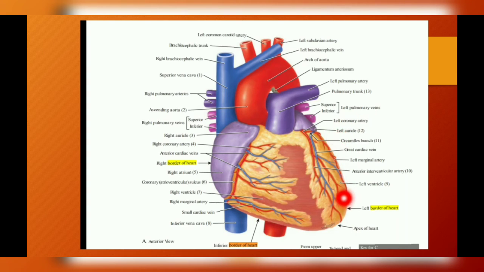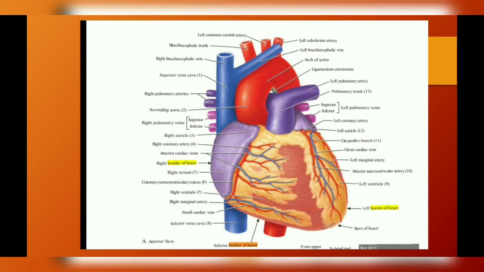Left border. It is formed mainly by the left ventricle and partly by the left auricle. Each border forms an angle with the diaphragm called the right and left cardiophrenic angle. The left border separates the sternocostal surface from the left surface.